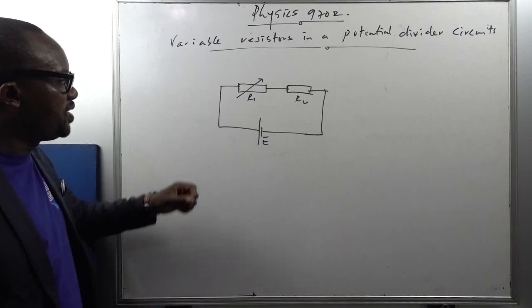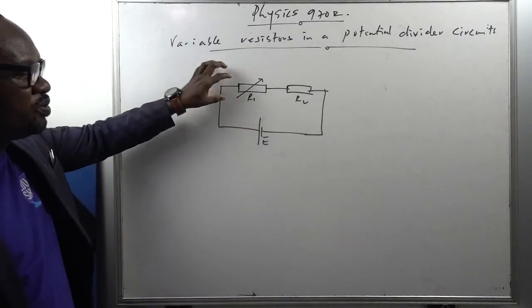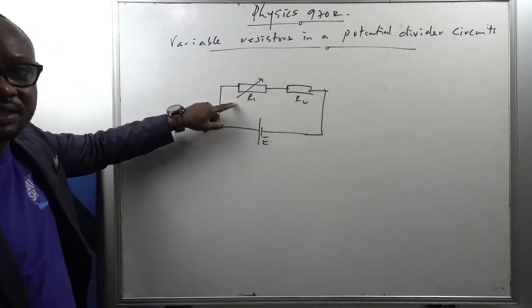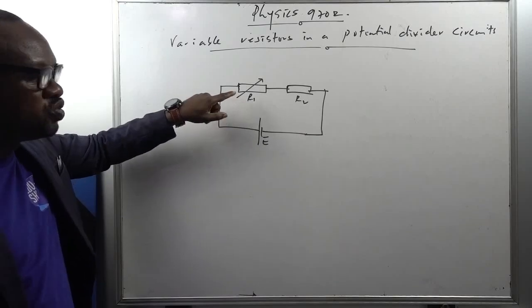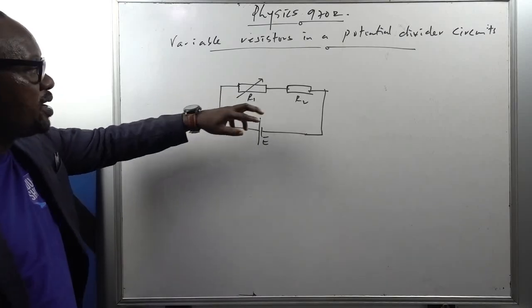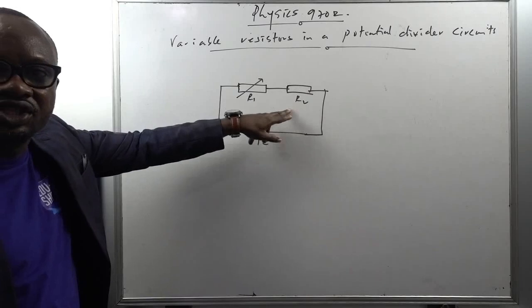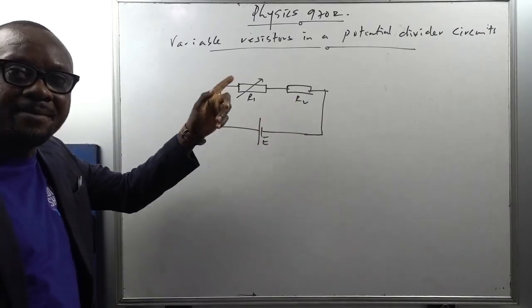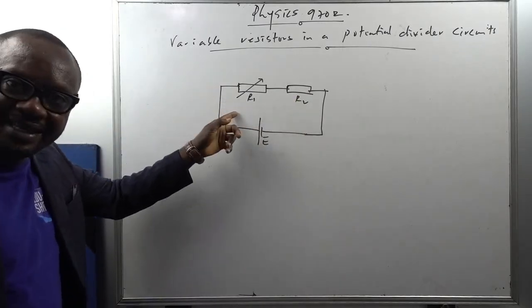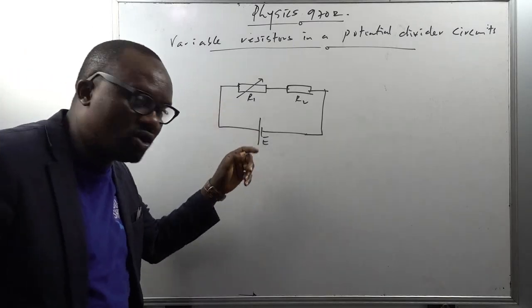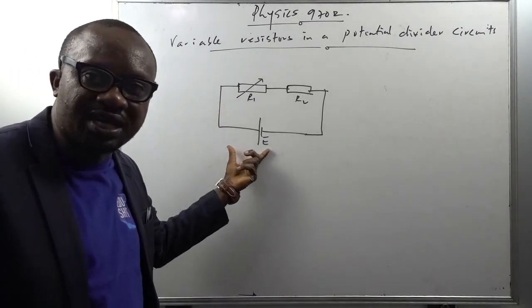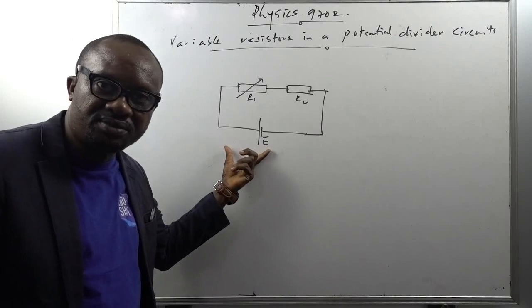This means that the PD across the variable resistor will be changing, as the resistance of the variable resistor is what is changing. But the PD across the fixed resistor will then complement the PD across the variable resistor to still produce a constant EMF of the battery.